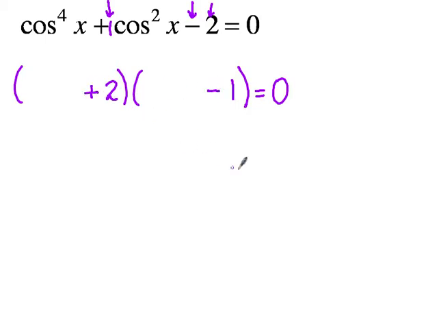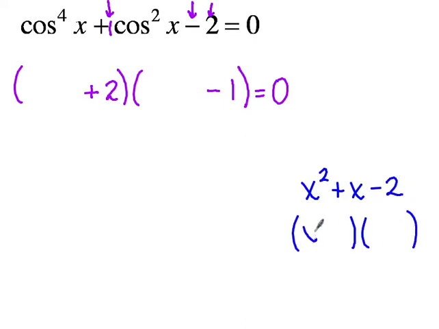Good. So now the question is, what do you put first? Okay, so now normally you're used to problems like this. And if I would factor that, I would do x plus 2 times x minus 1, right? And I would do whatever this middle term is.